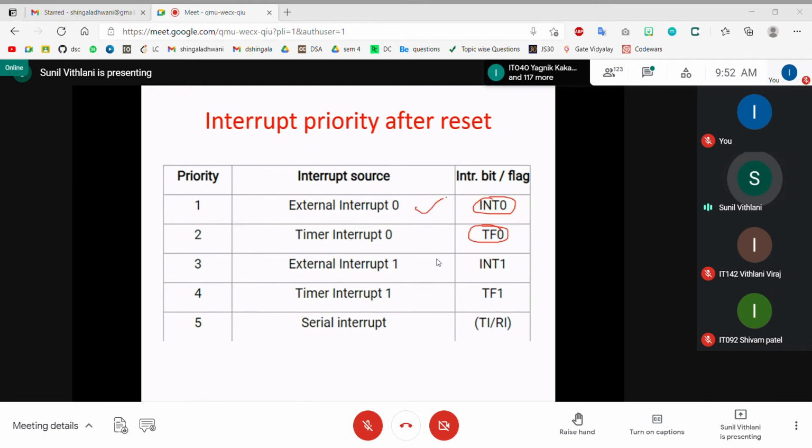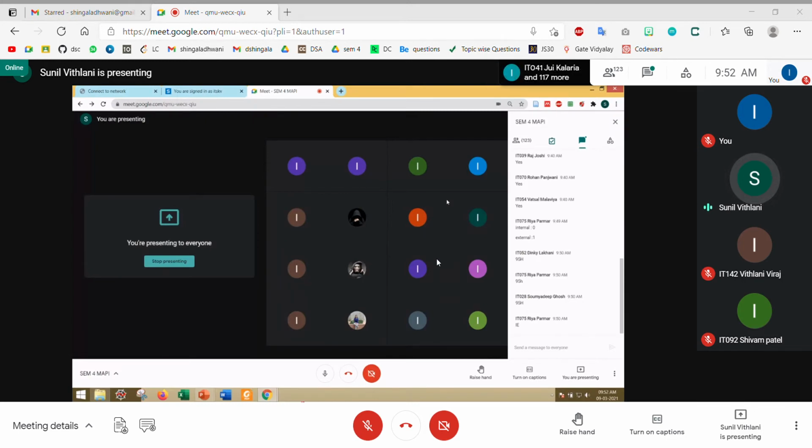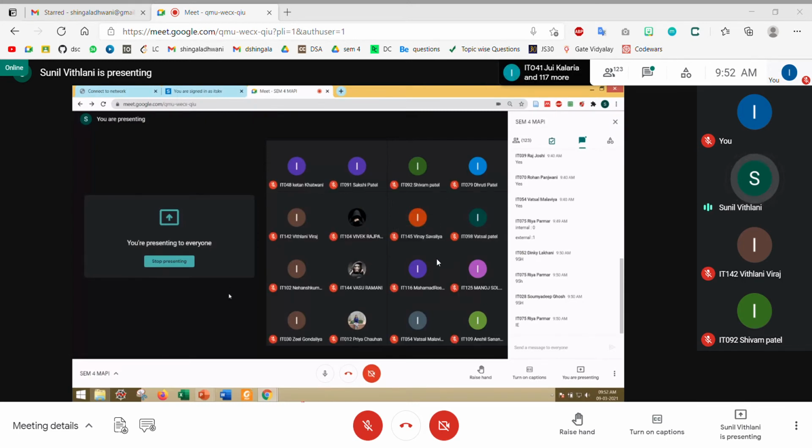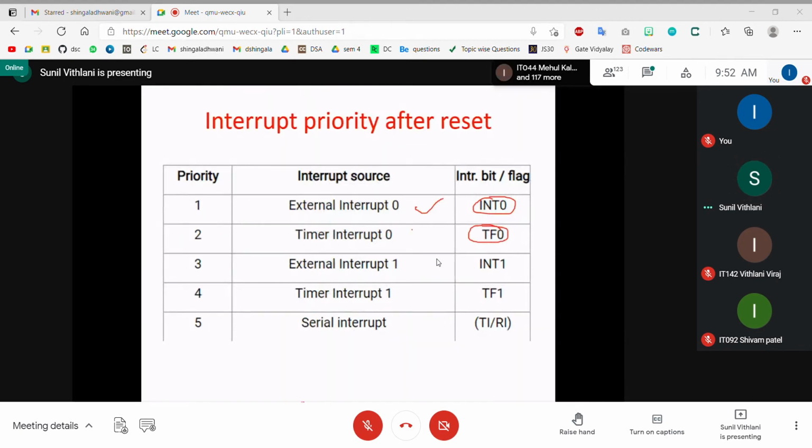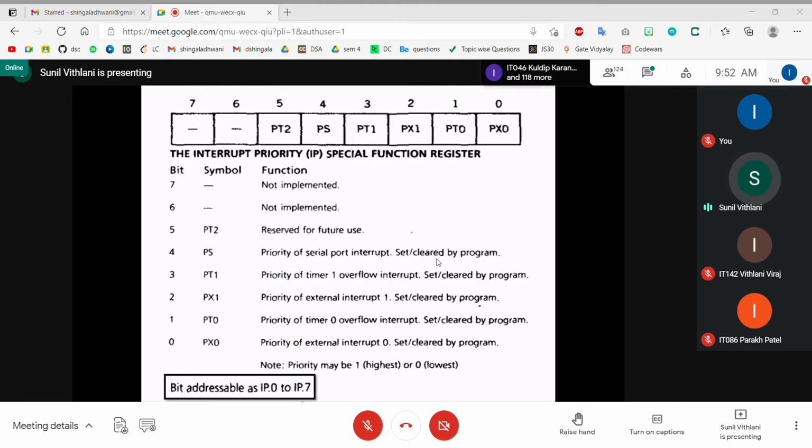And when a lower priority interrupt is in execution and a higher priority interrupt is generated, then we have to handle that higher priority interrupt here. So a higher priority interrupt can also interrupt the service routine of a lower priority one. And if you want to specify the priority, we can do that also.